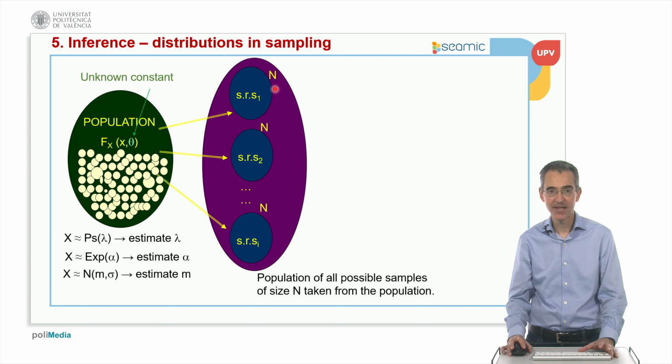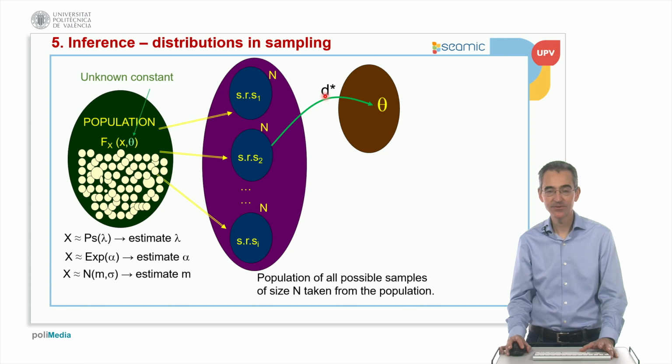And then from every sample, I can apply a mathematical function. With the values that I have measured from the individuals in the sample, I apply a mathematical function, and based on that function, I will estimate the parameter. The parameter can be lambda in the Poisson, alpha in the exponential, or the average in the normal.